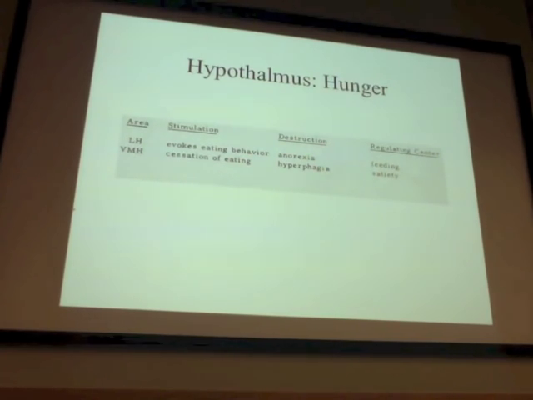So the hypothalamus is also very important in regulating your appetite. In fact, this is probably one of the reasons why people maybe become obese. There are two nuclei that are important here, the lateral hypothalamus and the ventral medial hypothalamus. If you destroy the lateral hypothalamus, you become anorexic. And if you destroy the ventral medial hypothalamus, you become hyperphagic.